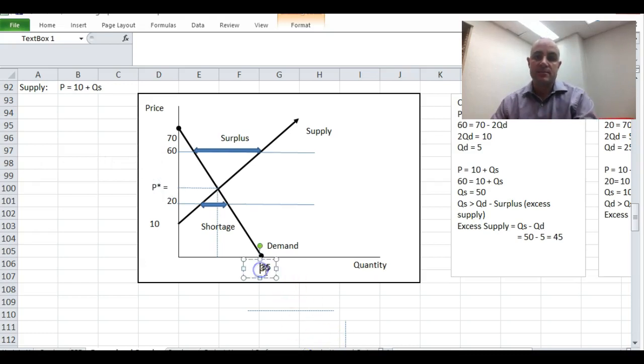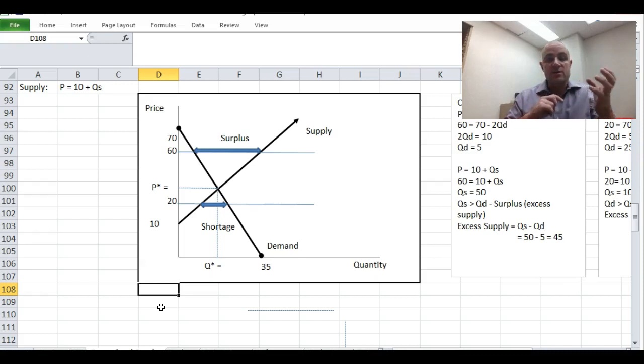Now I'm going to denote these by P star and Q star. So these are what we call a competitive equilibrium. A competitive equilibrium occurs when prices are at the point where there's no excess supply and there's no excess demand.